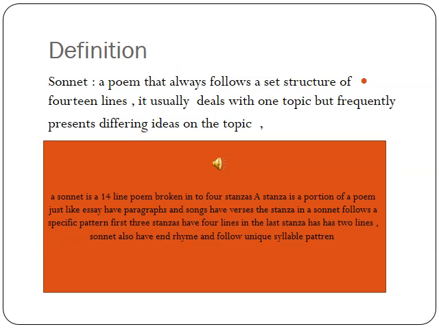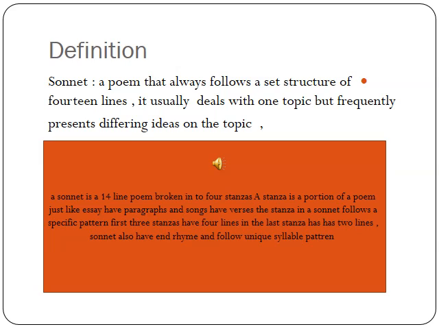So again, a sonnet is a 14-line poem broken into stanzas. A stanza is a portion of a poem, just like an essay has a paragraph and a song has verses. A sonnet follows a specific pattern: the first 3 stanzas have 4 lines, and the last stanza has 2 lines.